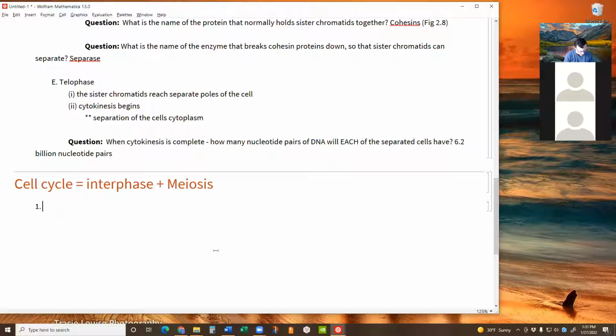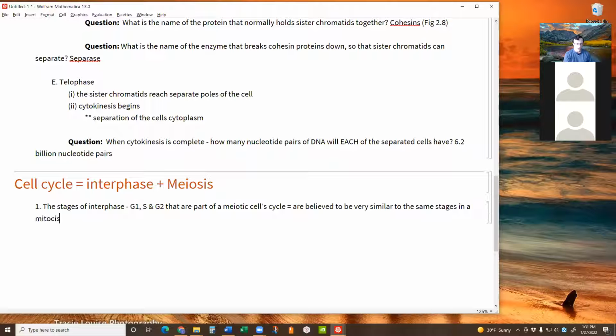Okay, so the stages of interphase, G1, S, and G2, that are part of a meiotic cell's cycle are believed to be very similar to the same stages in a mitotic cell cycle.